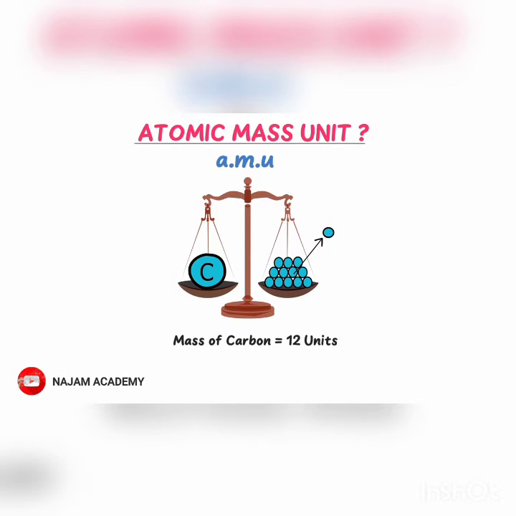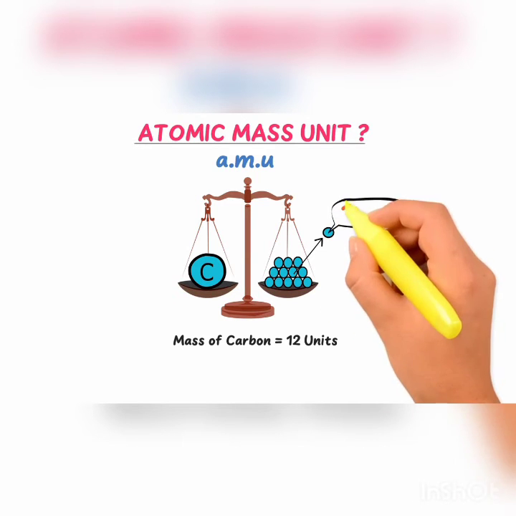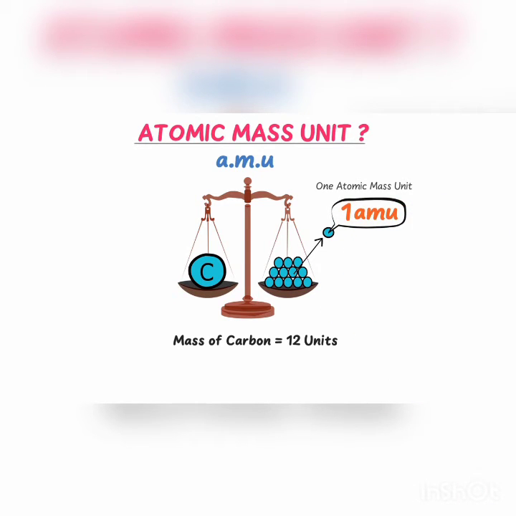Now I took only 1 unit of carbon out of these 12 units. Then we can call this single unit of carbon 1 atomic mass unit. This is an important statement. We call 1 single unit of carbon 1 atomic mass unit or 1 AMU.